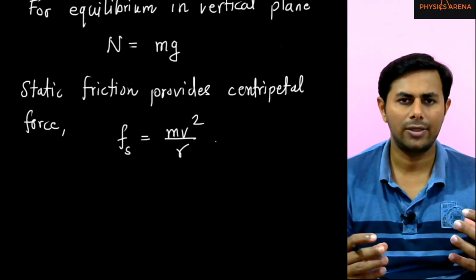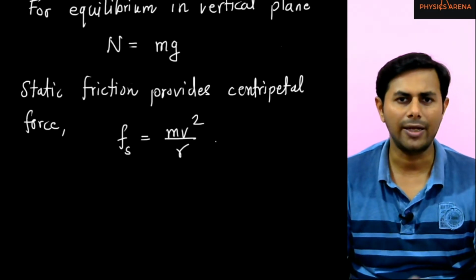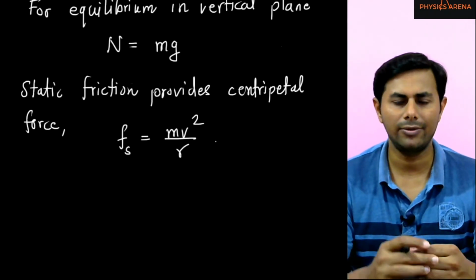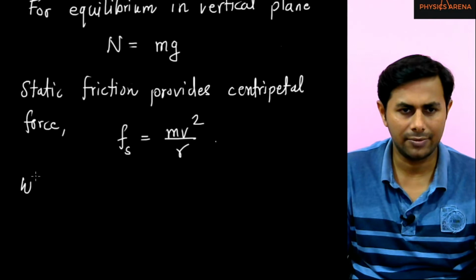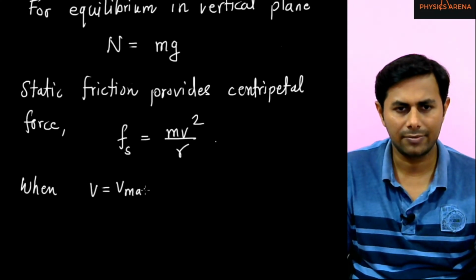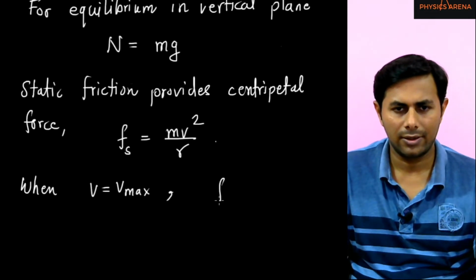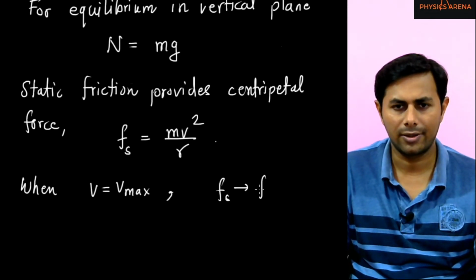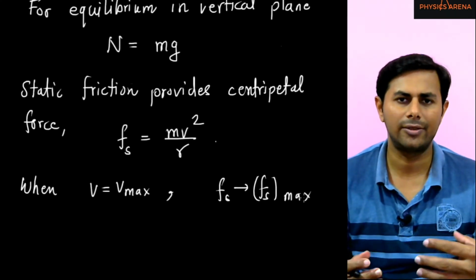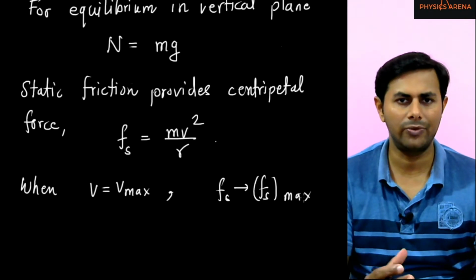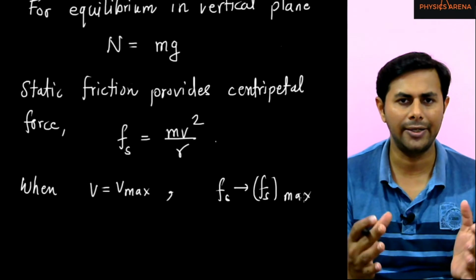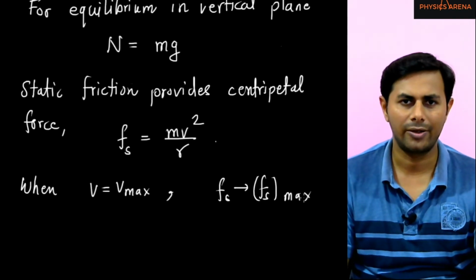Now for the maximum speed, let's say V_max, the static frictional force will attain its maximum value. So when V equals V_max, F_s becomes F_s max, and if speed is increased beyond this limit, then friction won't be sufficient to provide the required centripetal force, and the car will slip away.